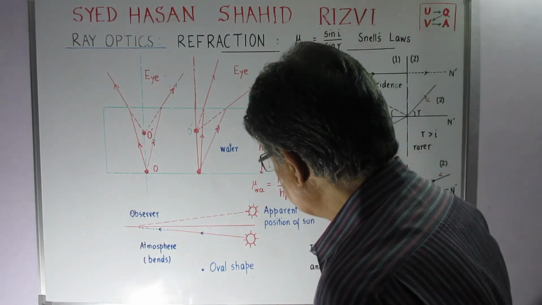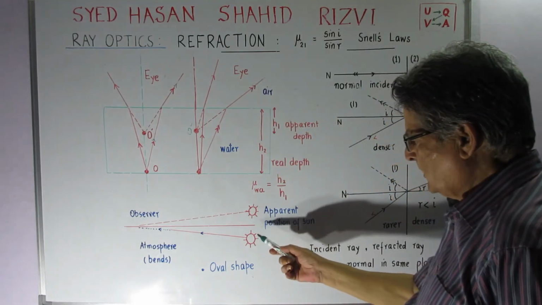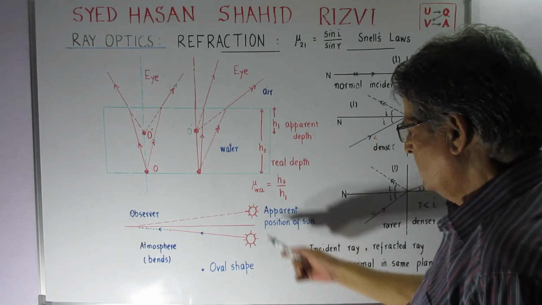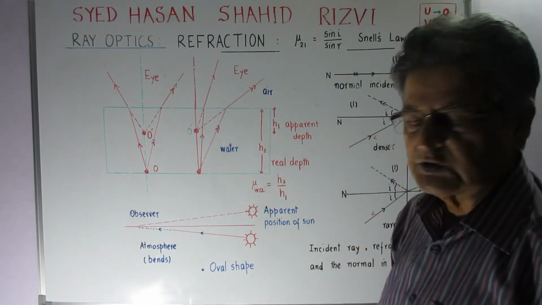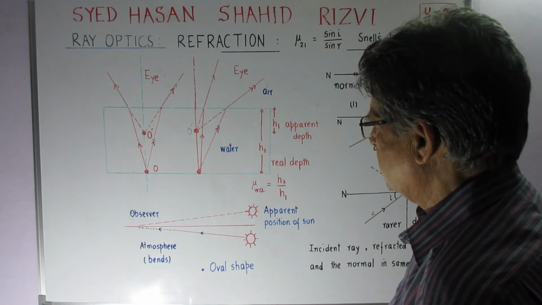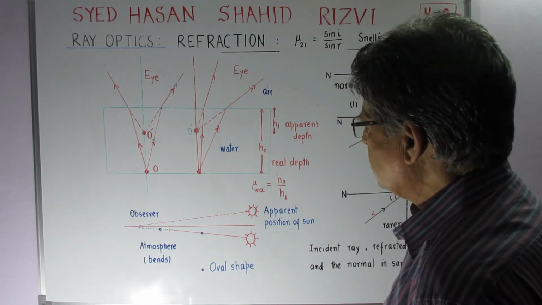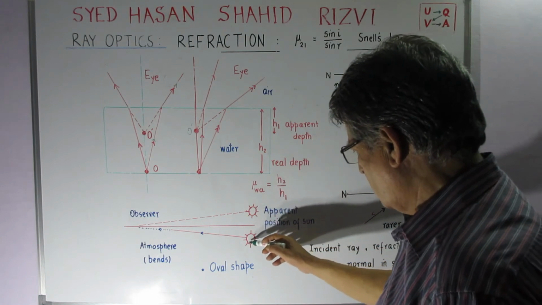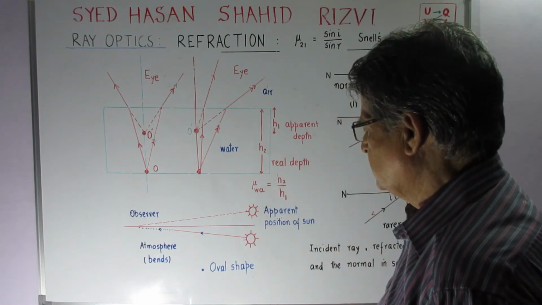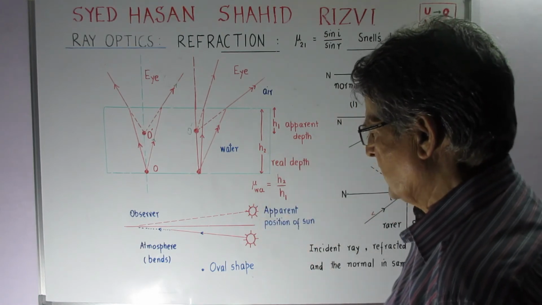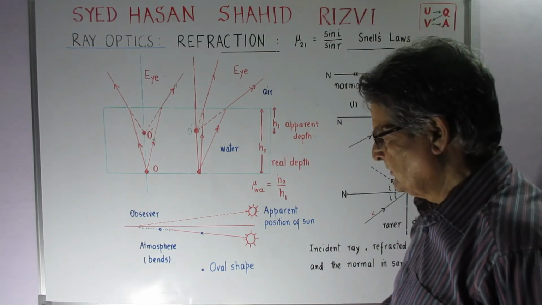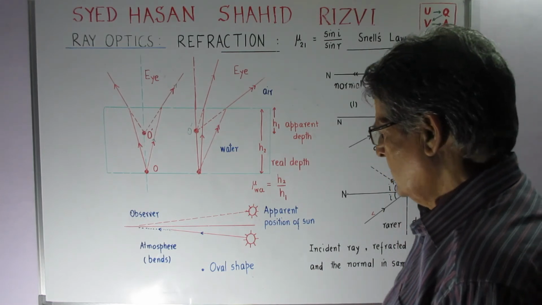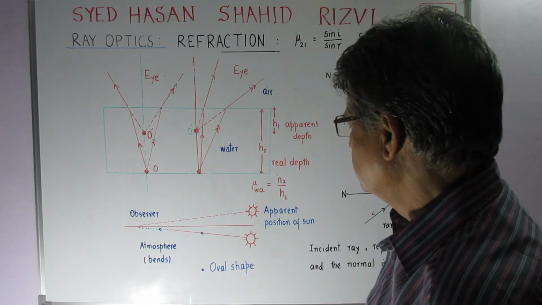The sun is already below the horizon in the morning, but it appears to us as if it has risen, and in the evening it is otherwise. When it has gone over here, still you can see that the sun has not set.